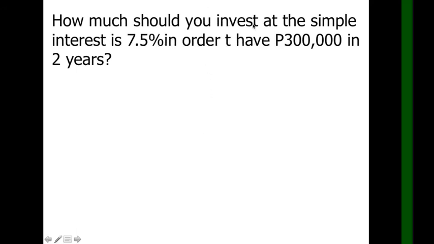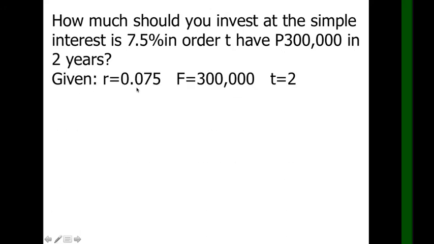Now, let's have another example. How much should you invest at a simple interest of 7.5% in order to have 300,000 in 2 years. So we have here the given 0.075, which is the 7.5%, and then 300,000 is F, and then T is 2.